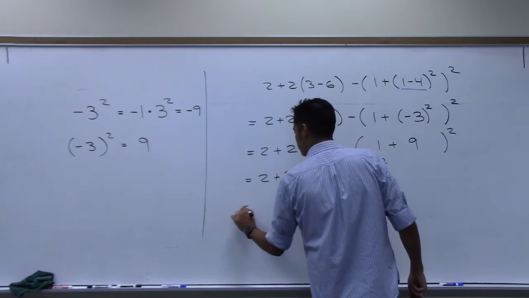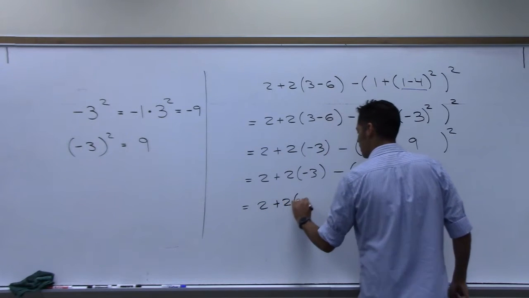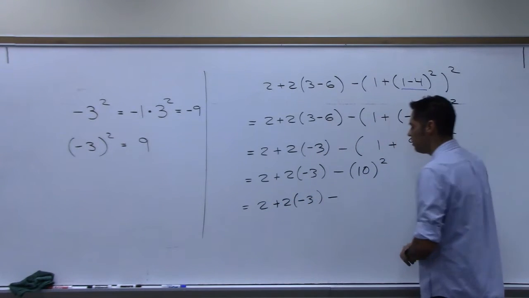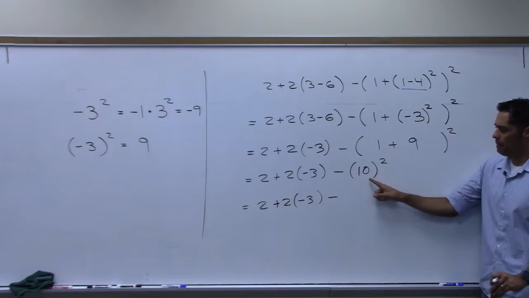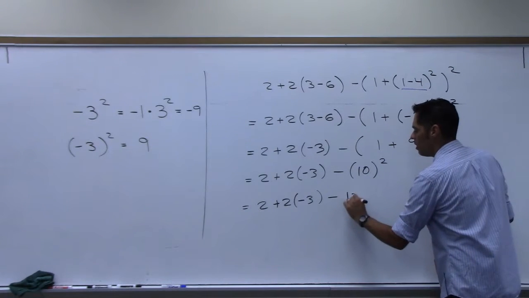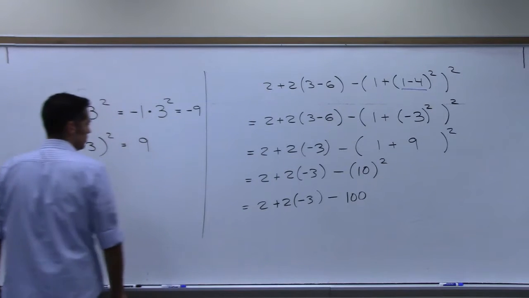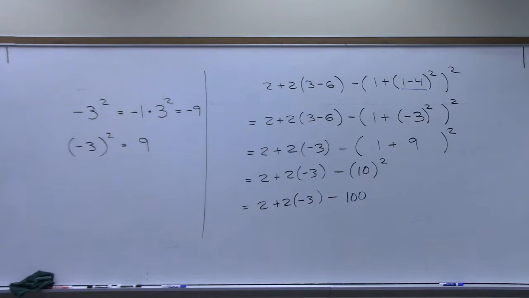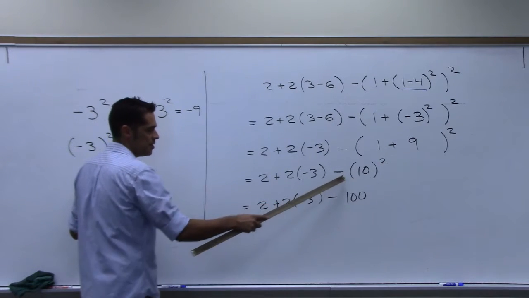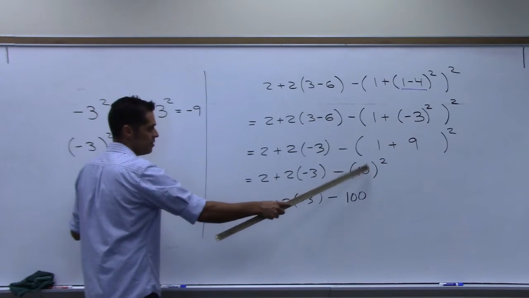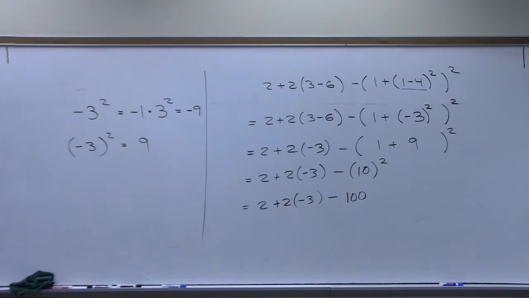So 2 plus 2 times -3 minus what? 100. 10 squared is 100. See, notice this negative right here is not inside the parentheses, so you just ignore it and you do the 10 squared first. What would be the next thing I do?